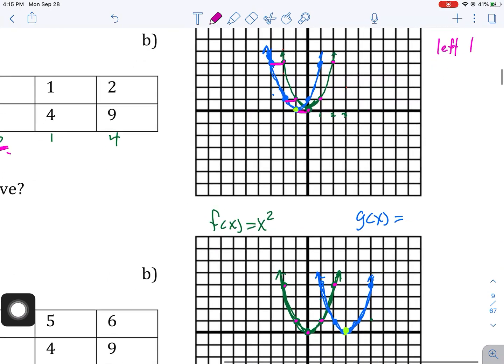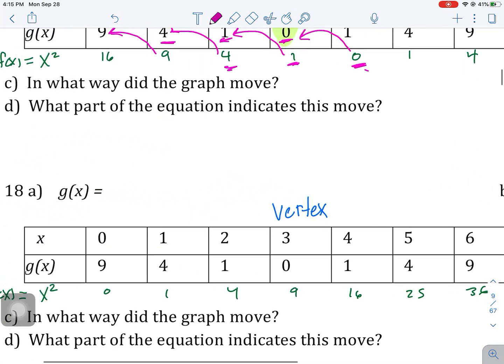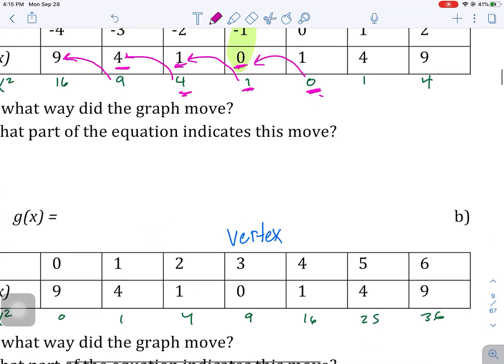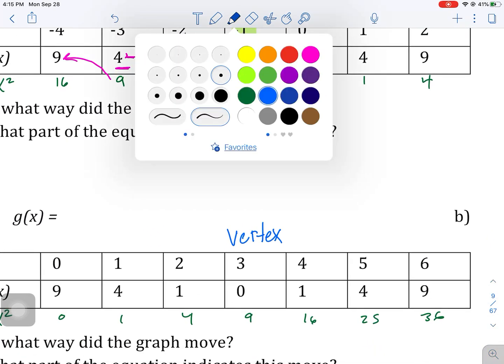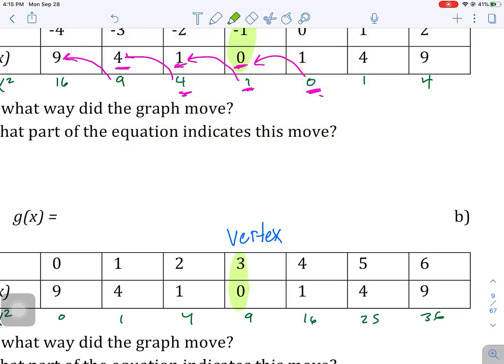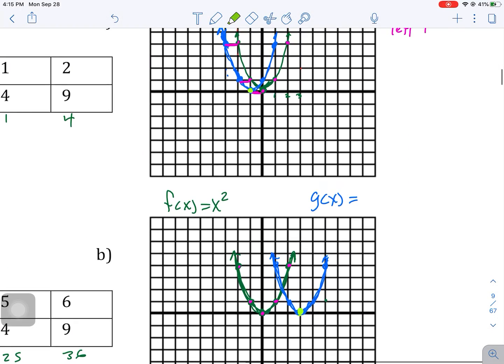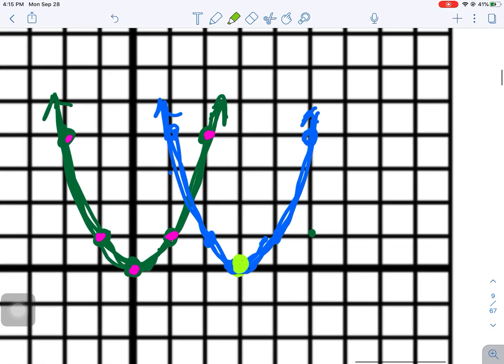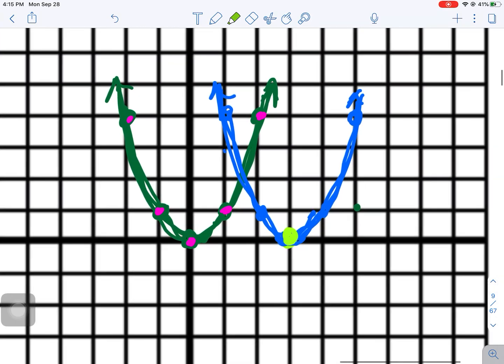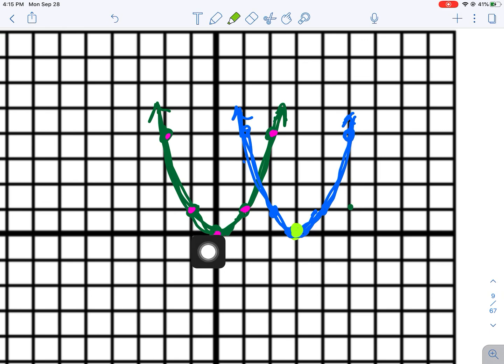Okay, and then the last one, we can see we have a vertex. It's right here at 3, 0. So if you look at this, 1, 2, 3.